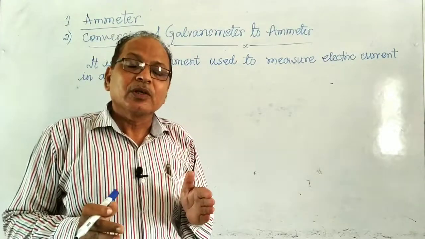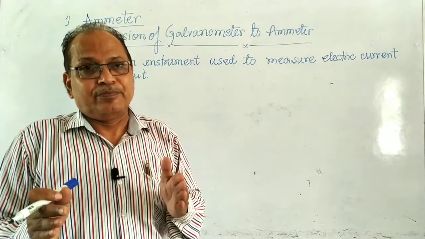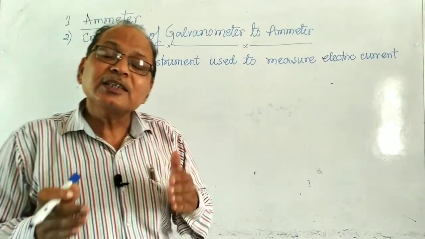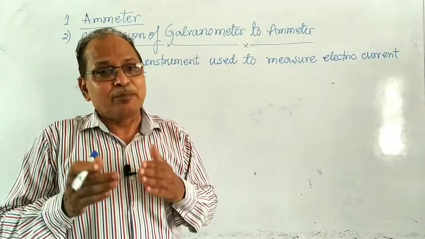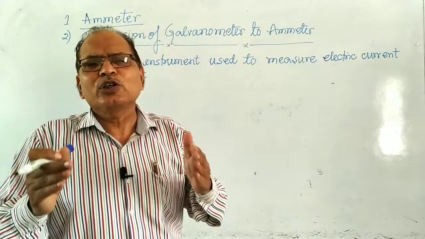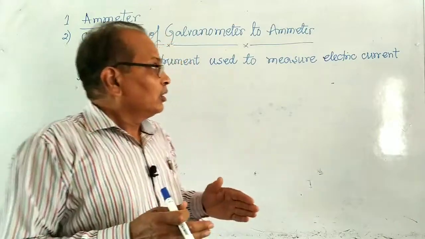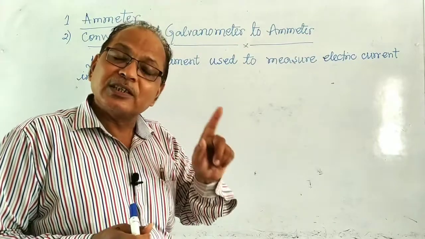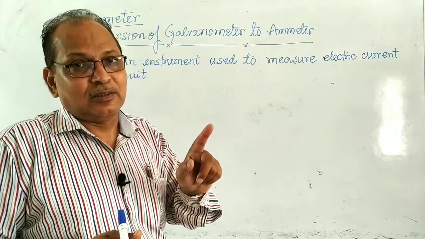Remember students, an ammeter has a very low resistance, because if the resistance is high, it consumes electric current and will not give you the accurate value of the current. Therefore, it has a very small resistance, or an ideal ammeter has almost zero resistance.